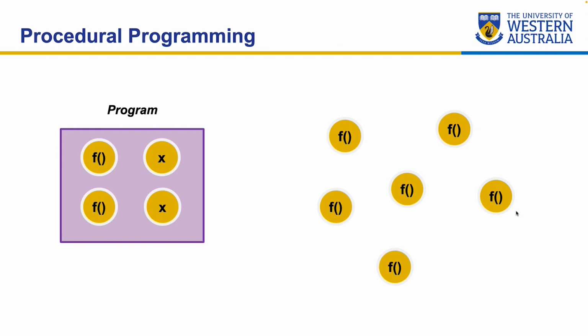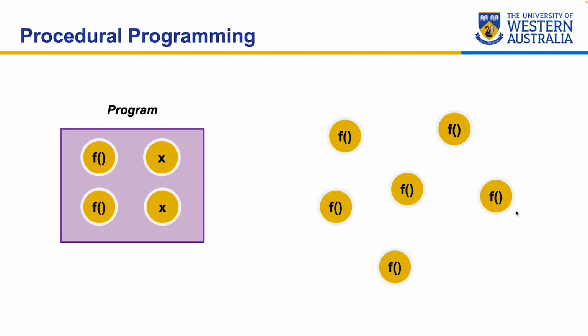So let's look at procedural programming, which we are very familiar with. We wrote programs, the functions, to do small things that they're good at, right? And to solve complex problems, we use different functions in combination.